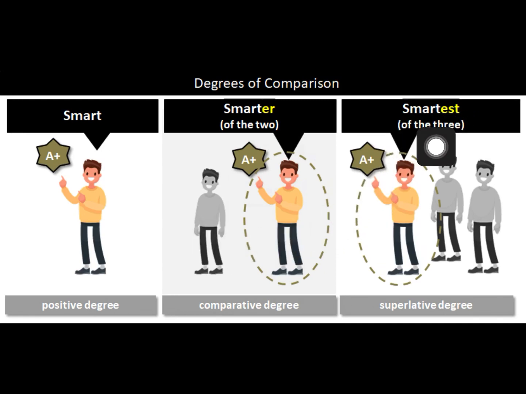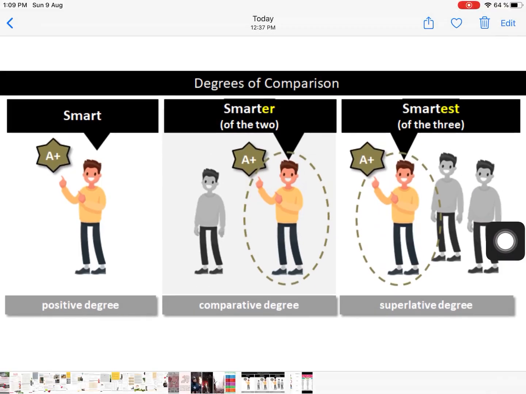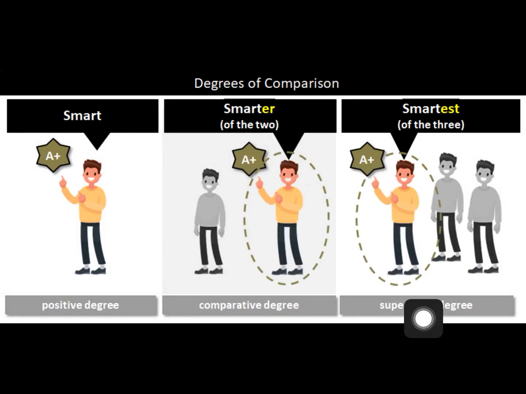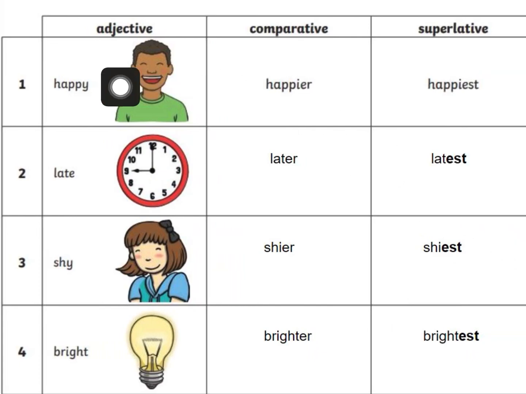And the smartest, when we say a superlative, we have a big group of three people, and that person is the smartest person in the group. Good. So that is a superlative degree. Very good. Another example is the adjective happy, comparative happier. My friend is happier than my cousin, or my friend is the happiest person I have known.